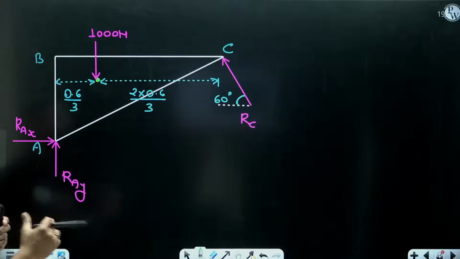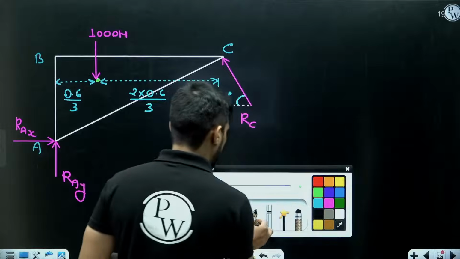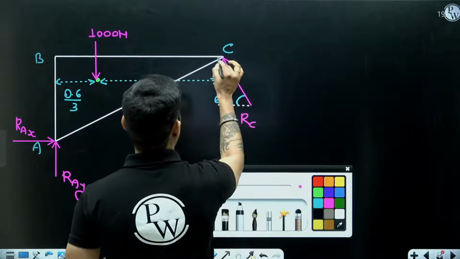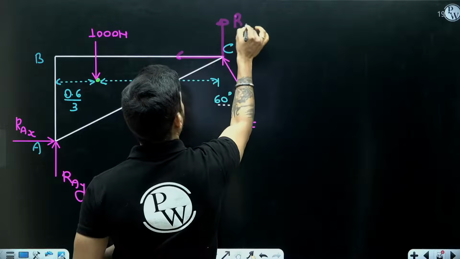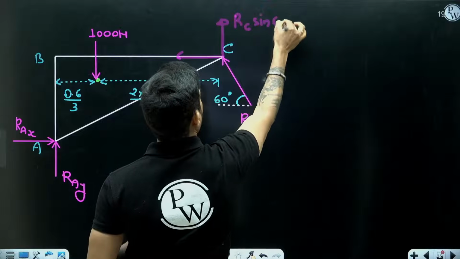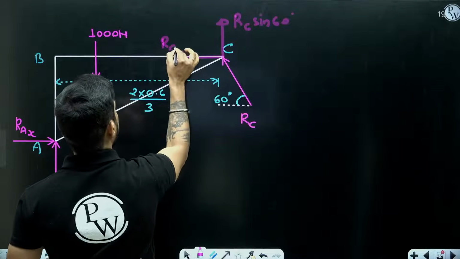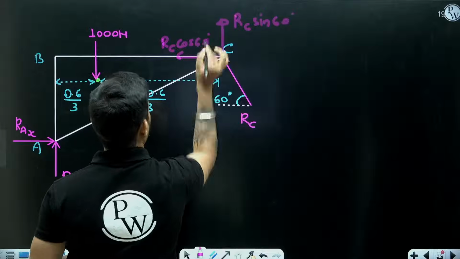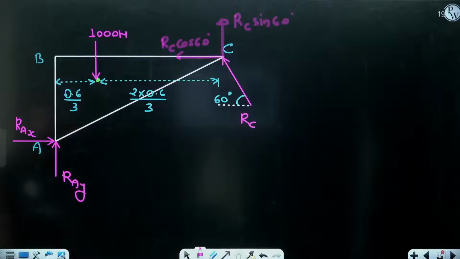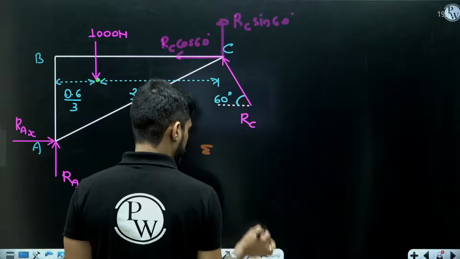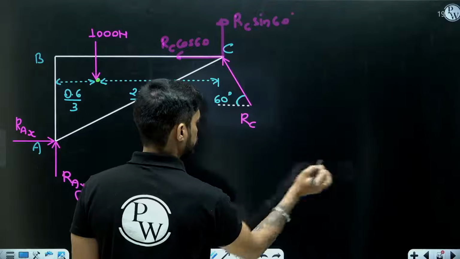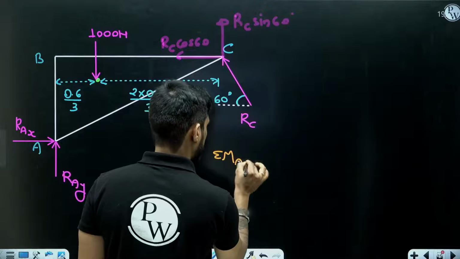But if you are not able to get that, don't worry, just resolve RC into two components. This will be RC sin 60, this will be RC cos 60, right? So now we can take moment at point A. Moment at point A must be 0.